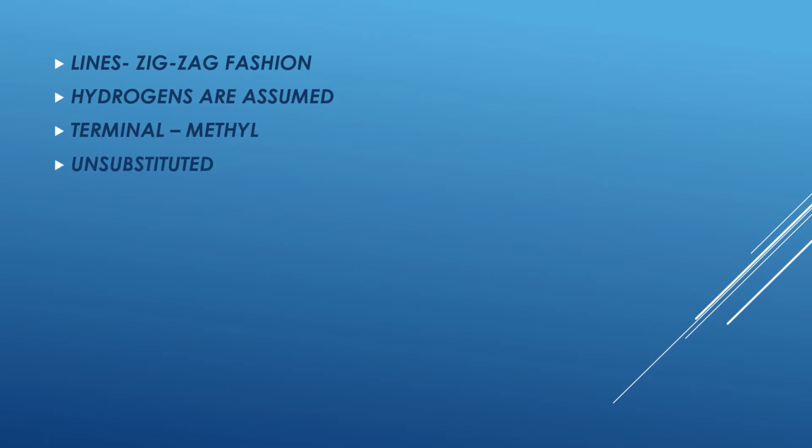If you have an intersection which does not have any substituent, an unsubstituted intersection, that is understood as a CH2 group. One hydrogen has gone. CH3 means an ending point, and CH2 is somewhere in the middle. Now let us take an example. If you have a point like this, both ends are understood as CH3, so this will become ethane.